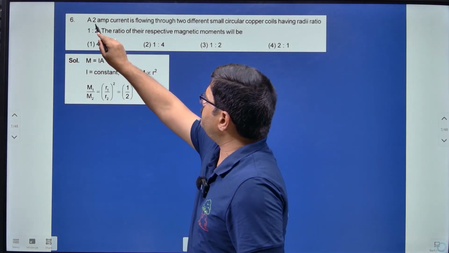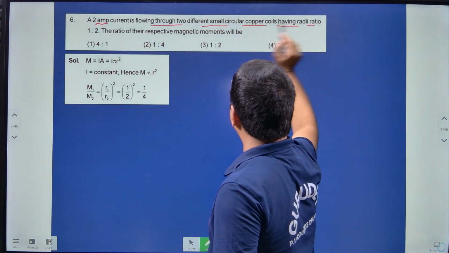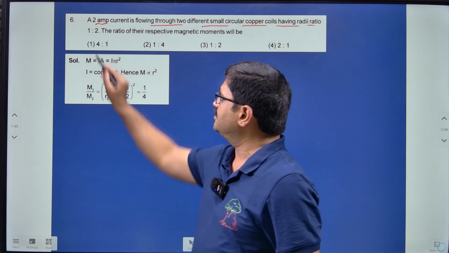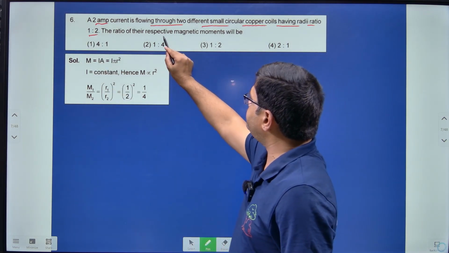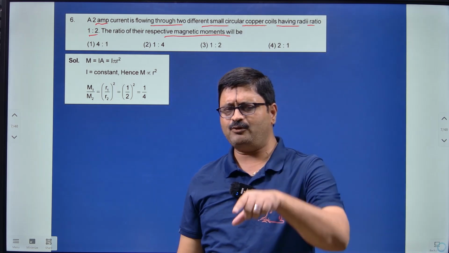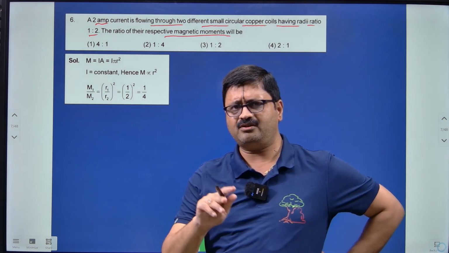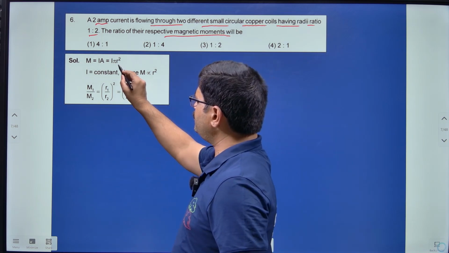A 2 ampere current is flowing through 2 different small circular copper coils having radii in the ratio of 1:2. The ratio of their respective magnetic moments they are asking. See, magnetic dipole moment is nothing but product of current and area, right? And area is directly proportional to what?